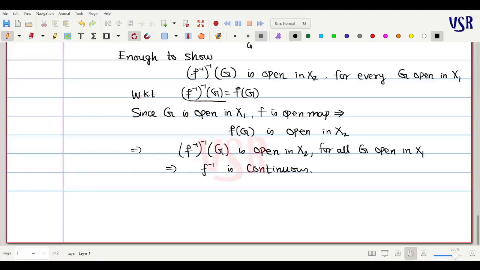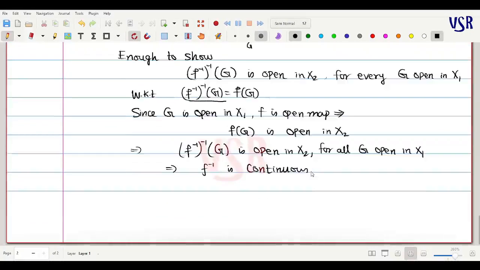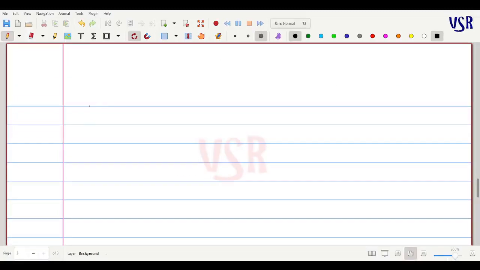Okay, now conversely, what are we going to assume? We will assume that f inverse is continuous. Then we will show that f is open. So conversely, assume that f inverse, a function from X2 to X1, is continuous. Now what to prove?